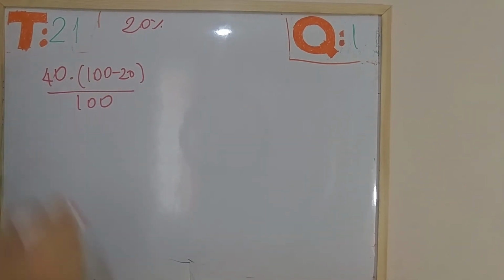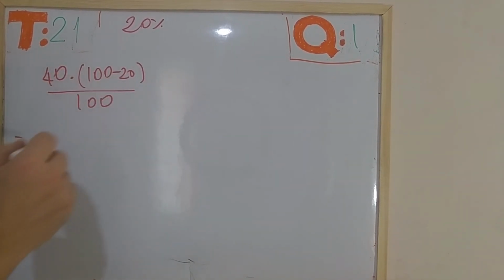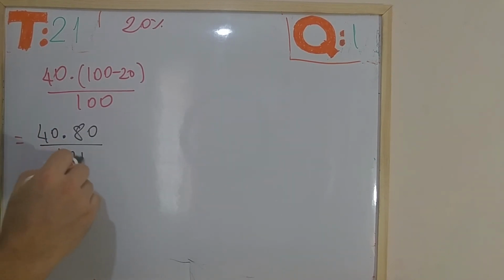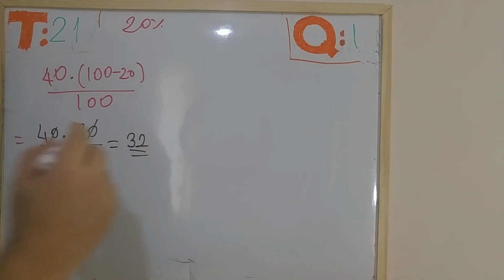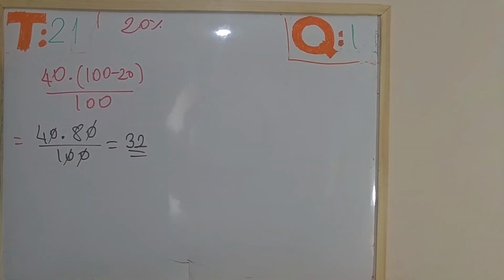Let's solve this question, which is equal to 100 minus 20 is equal to 80. The original price of the book is $40. Percent. Let's make the simplification. Zeros gone, 2 zeros, 2 zeros. 4 times 8 is equal to 32. Therefore, the new price of the book is $32.